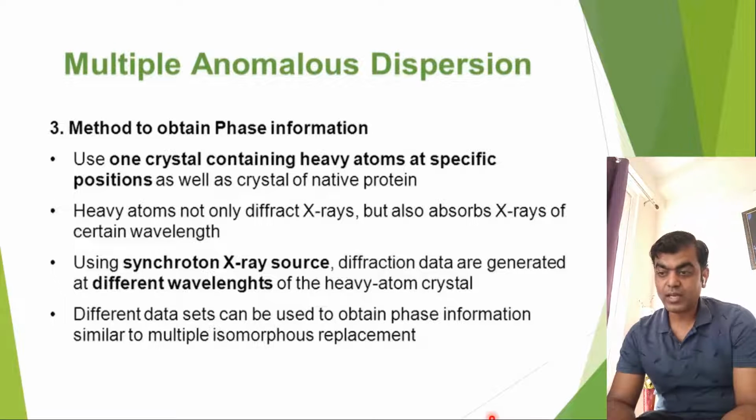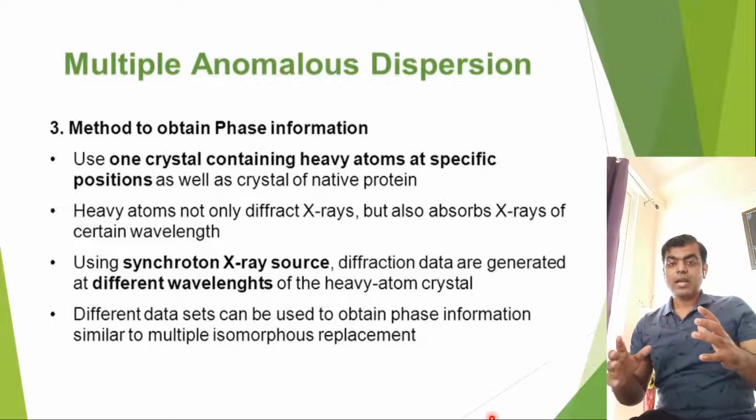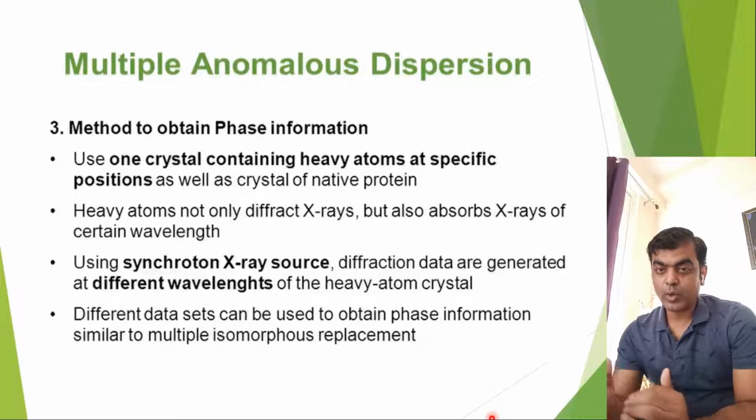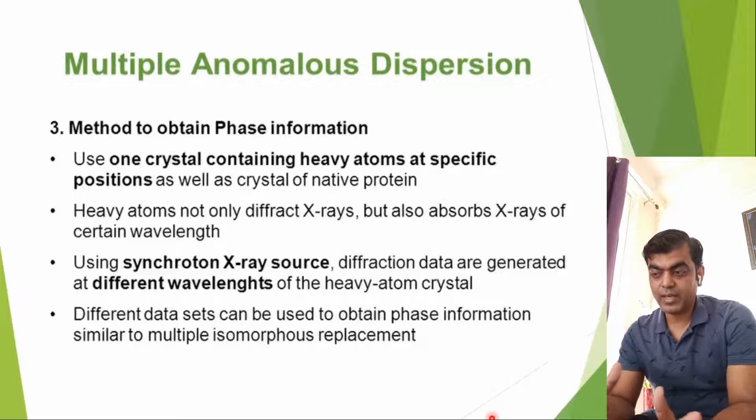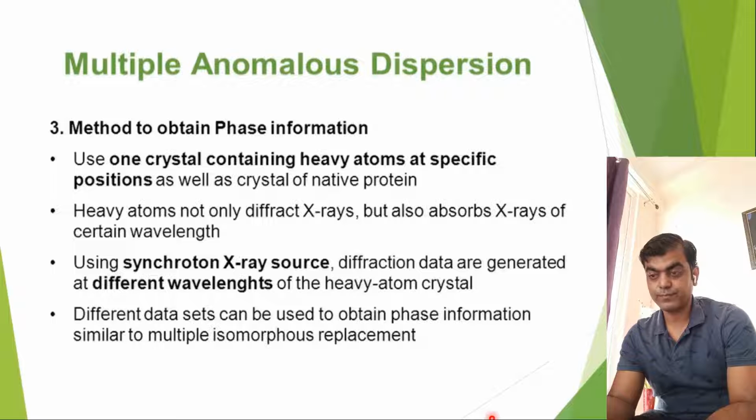Now using a synchrotron X-ray source, diffraction data are generated at different wavelengths of the heavy atom crystal. So at different wavelengths or modulations of the X-rays, and based on this the diffracted data are generated for different wavelength modulations for the heavy atom crystals.